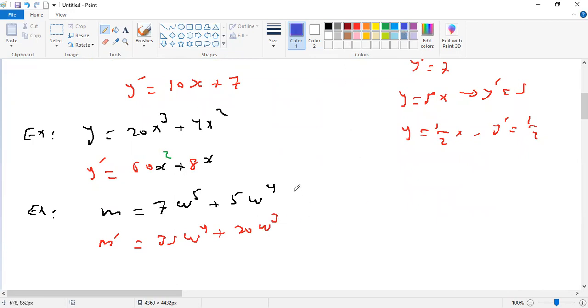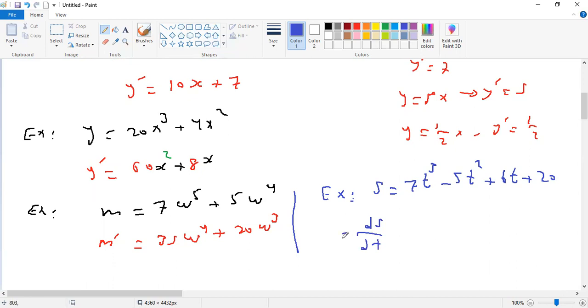Another example. Let us say I have s equal to 7t cubed minus 5t squared plus 6t plus 20. Now, s prime, or ds/dt. s prime is 3 times 7, which is 21, and t to the power 2.